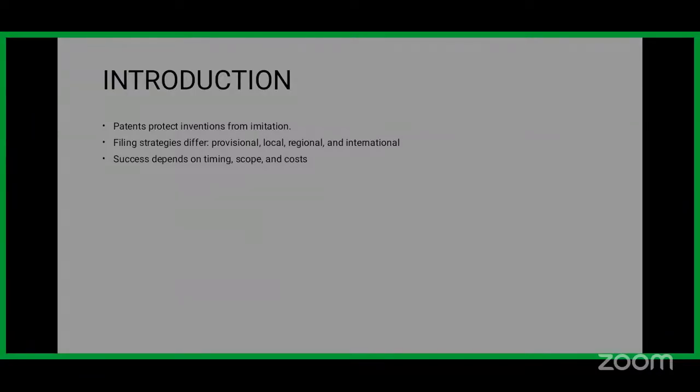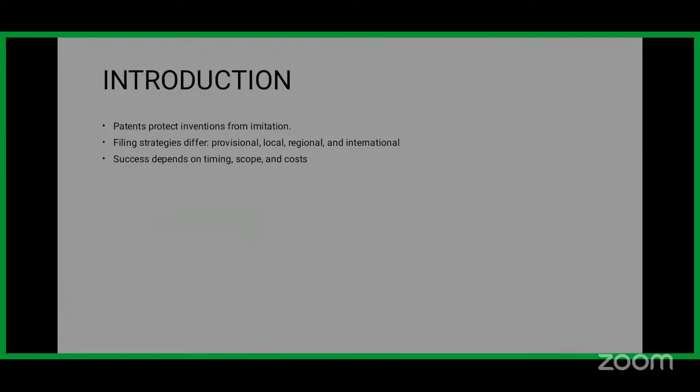Patents protect inventions from imitation, like we have been learning from the onset of the class. That's the essence of patents: to give the patentee an exclusive right to reproduce or sell his invention, and that right excludes others from imitating that particular invention.